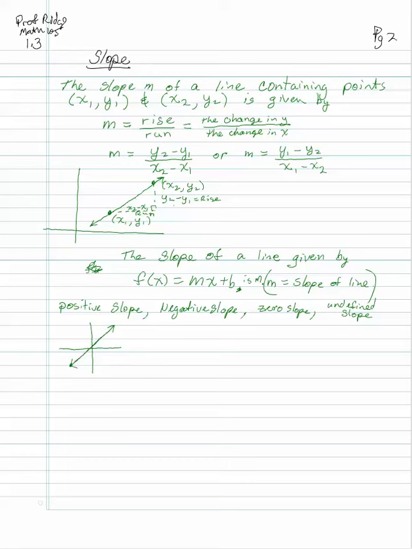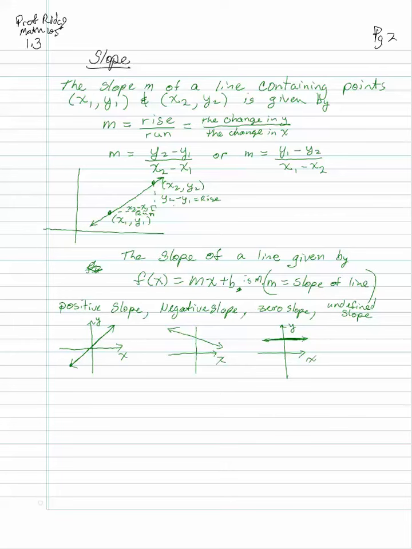That's a positive slope. A negative slope would be if as you go from left to right, it's going down. Zero slope means it doesn't go up or down. That's a horizontal line. So this would be zero slope. Well, if I drew it right, it would be.